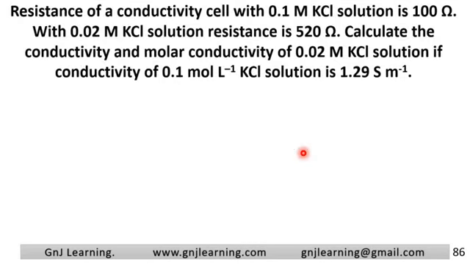Let's look into a problem. There is a conductivity cell, and the conductivity cell contains 0.1 molar KCl solution. Its resistance is 100 ohm. R is 100 ohm. On the other hand, there is another solution, 0.02 molar KCl solution, with resistance 520 ohm.